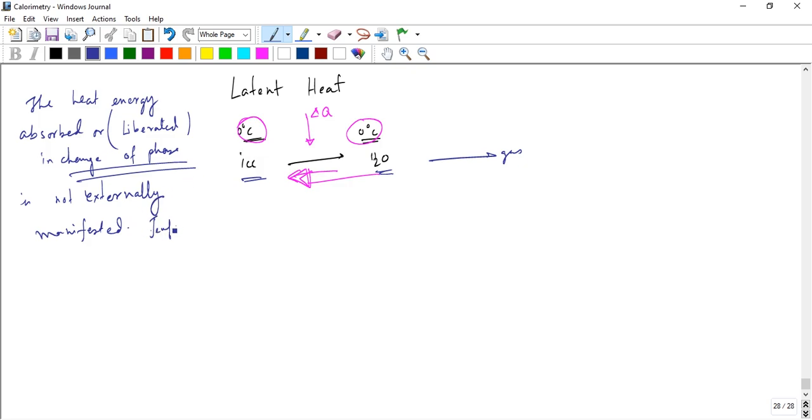So that amount of heat, absorbed or liberated, is called latent heat.